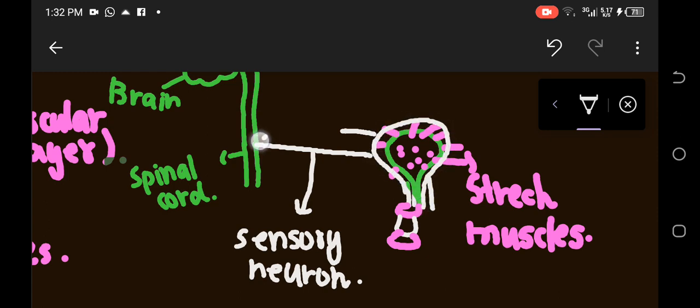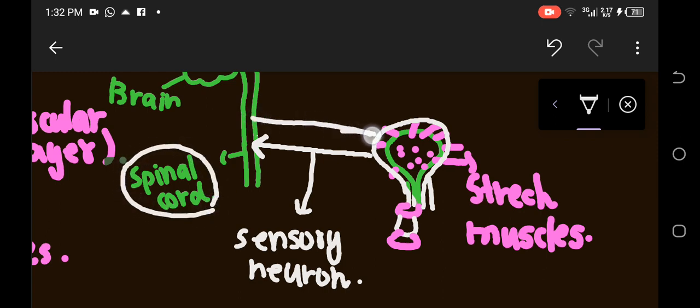Sensory information will go over here to the spinal cord, and the spinal cord will generate the command, which is taken by the motor neuron to contract your muscles to do the pee. Motor neuron.